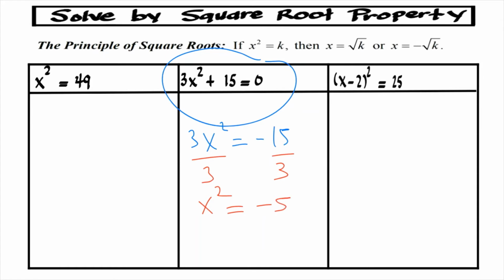And then you just take the square root on both sides, plus or minus on the right side, and then x is equal to plus or minus i radical 5. So you can do it like that instead of factoring out the 3 first.